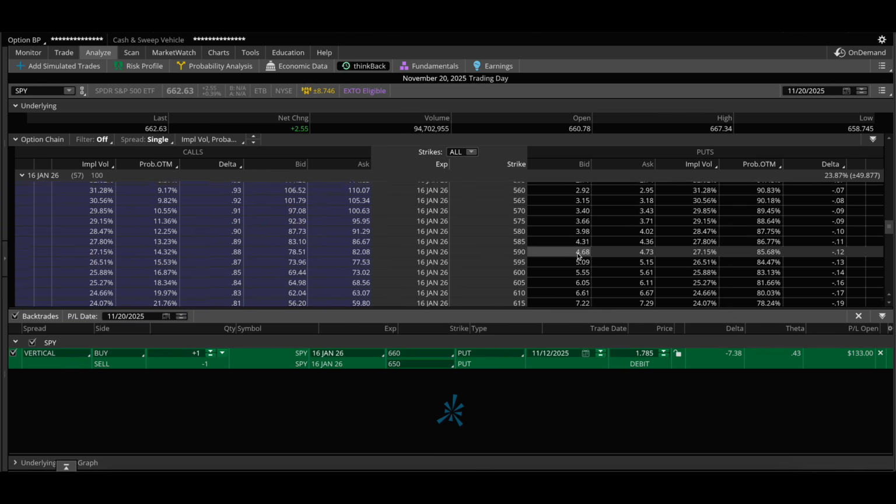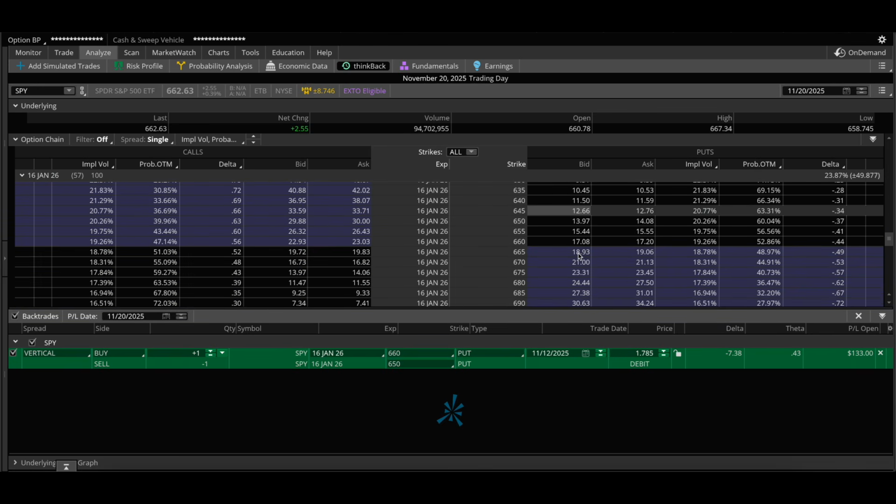So we're going to scroll down here and we can see that that 660 strike put option is now just out of the money. And of course, here's the 650 strike put option. And if I wanted to keep the position open, but somehow harvest some profits from this, there really isn't much I can do here.